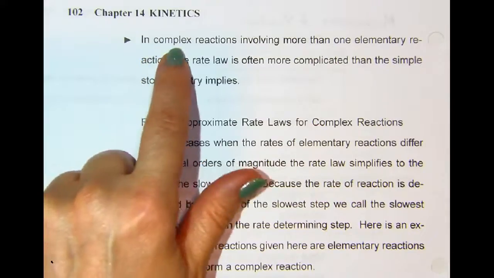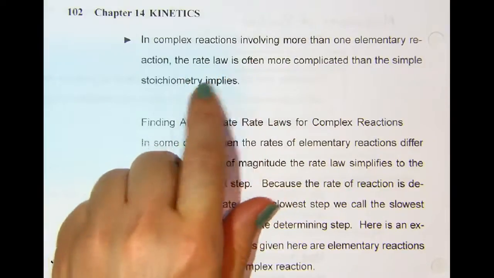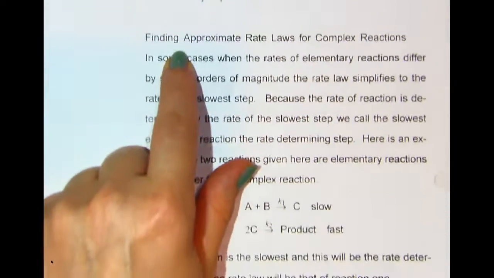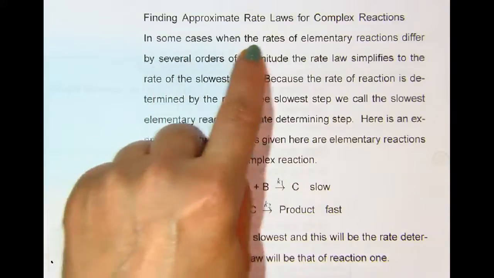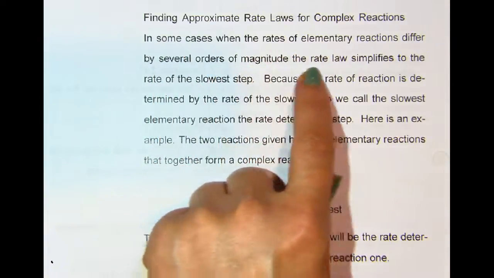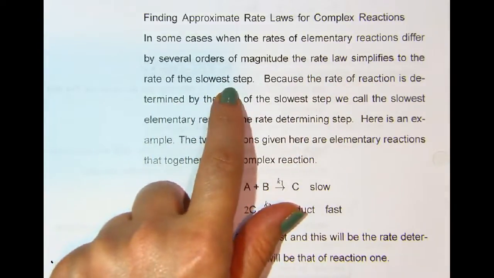In complex reactions involving more than one elementary reaction, the rate law is often more complicated than the simple stoichiometry implies. Finding approximate rate laws for complex reactions, in some cases when the rates of elementary reactions differ by several orders of magnitude, the rate law simplifies to the rate of the slowest step.